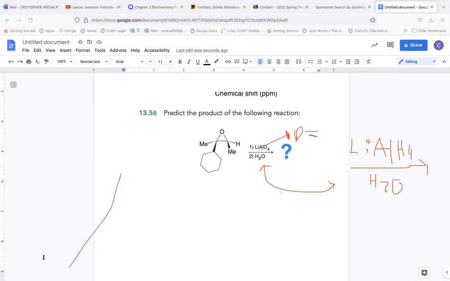Cool. Yeah, exactly. So it's a very common trick between Orgo II professors. They'll use deuterium to trick you, but it's just hydrogen. That's all it is. Just a different form, an isotope of it. So how does this work? What's the product, right? So we know it's going to be a nucleophile because this part of it is negative, right?